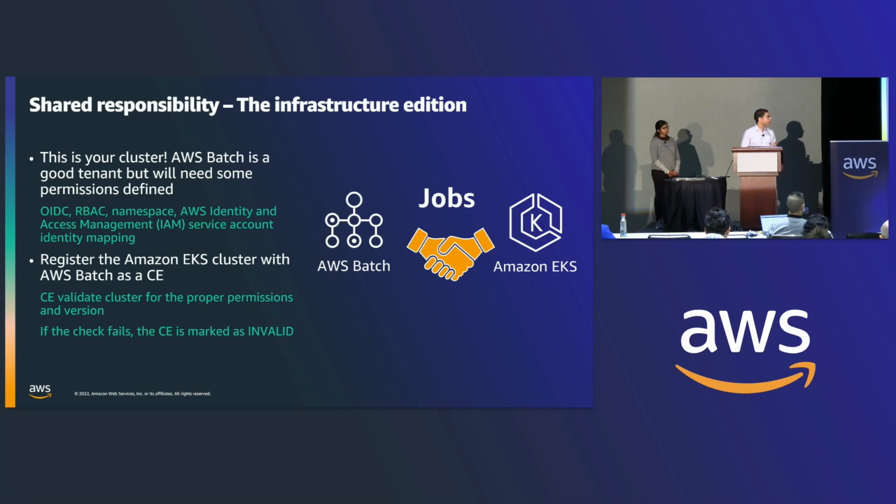When drift happens, for example you've changed an IAM role through some git oops, the CE will first validate whether it can place jobs, or place nodes onto that namespace, and if it can't, it'll mark the CE as invalid, and the job queue will stop sending jobs into that compute environment for execution, right?